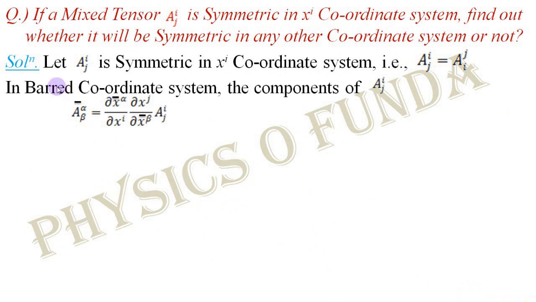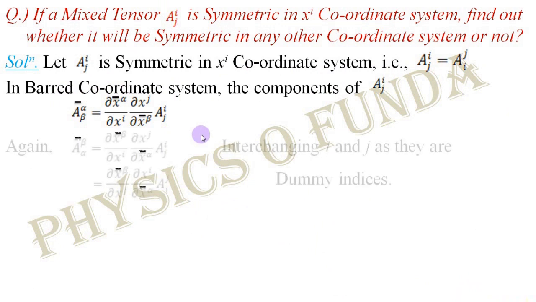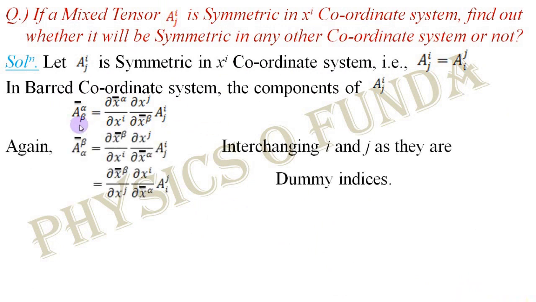In barred coordinate system, we have to use the transformation equation for a mixed tensor of rank 2 like this. If we write the mixed tensor in a different way like this, A bar beta alpha, then we should swap the position of alpha beta.